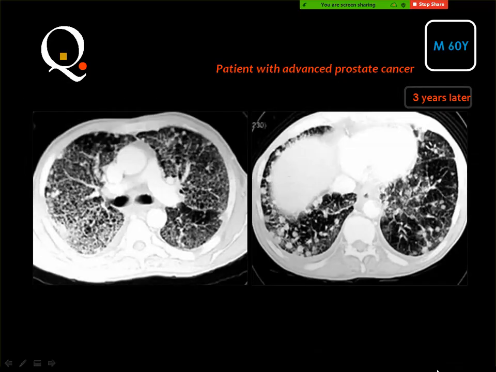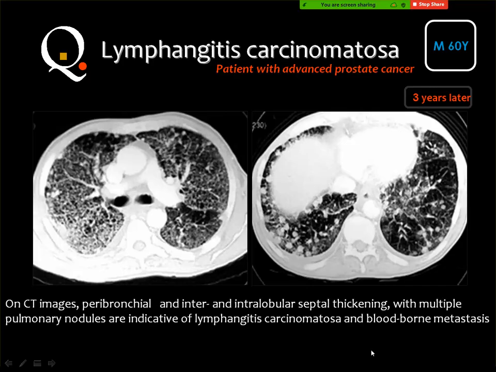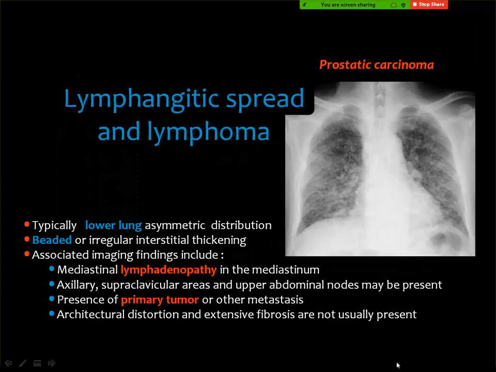Lymphangitis carcinomatosis. Yes, and this is lymphangitis carcinomatosa together with pulmonary metastatic nodules. You know that lymphatic metastasis can also be associated with blood-borne metastasis. Both can exist in the same patient, but the presence of interstitial opacities in the presence of a known primary malignancy is diagnostic of lymphangitis carcinomatosis.